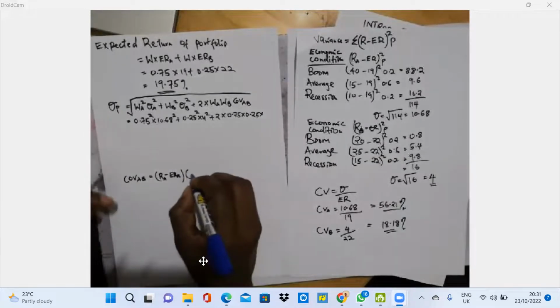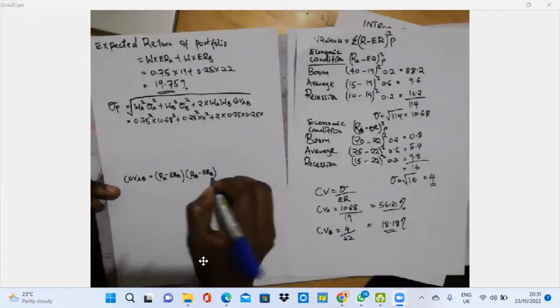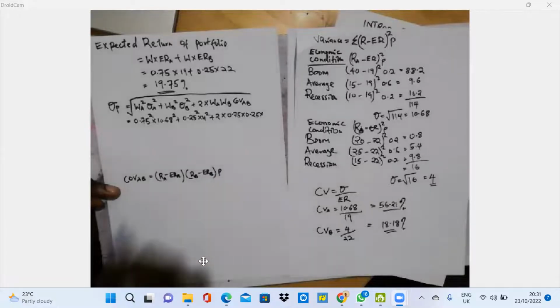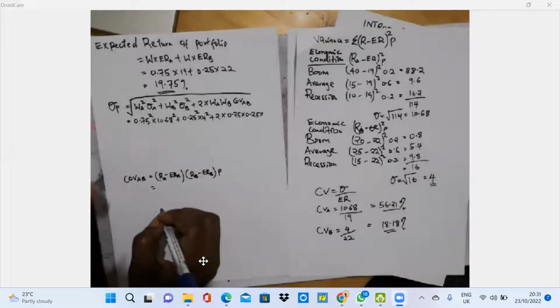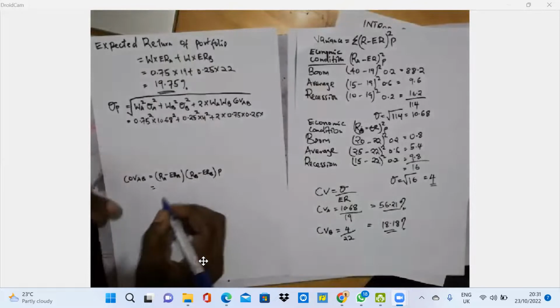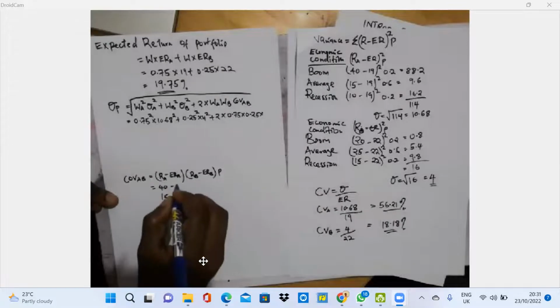Then you multiply by the return of B, less the expected return of B by the portfolio. So return of A, that is 40, 15, and 10, you minus 19.